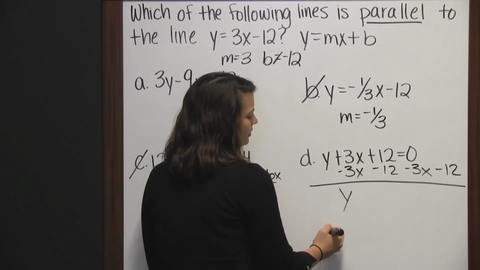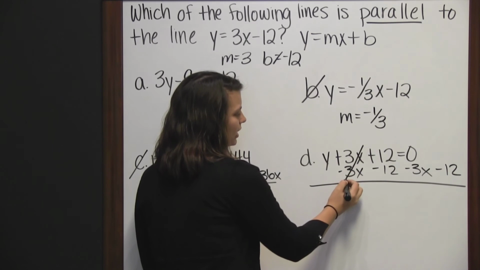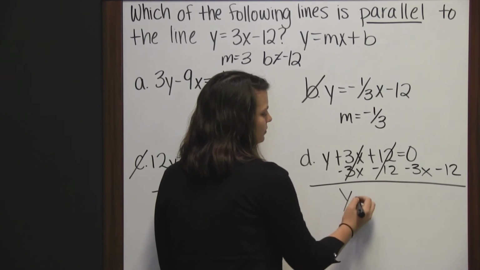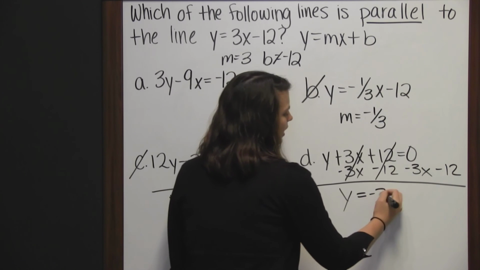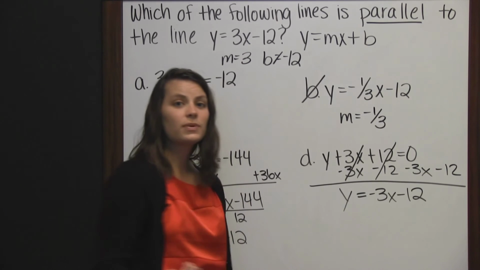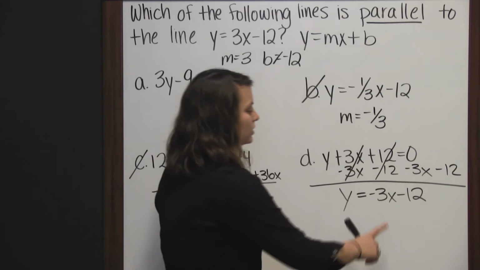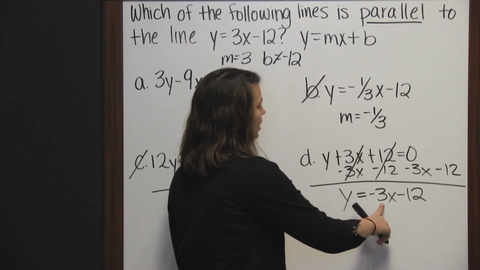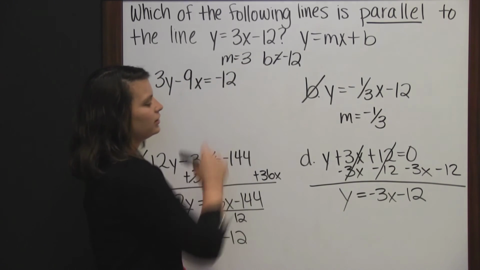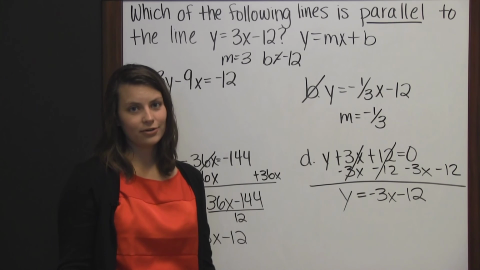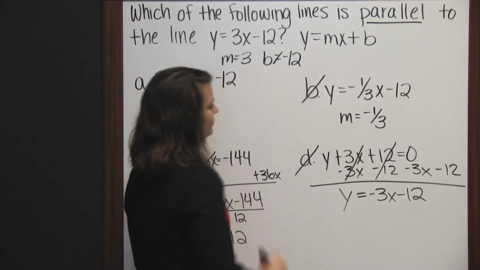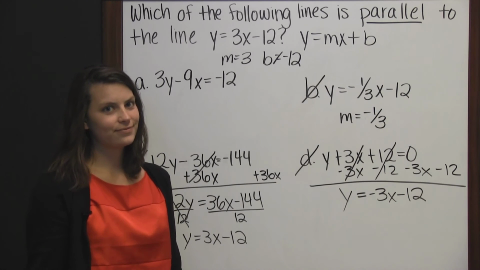So we have y, positive 3x, -3x cancels, positive 12, -12 cancels, equals -3x minus 12. So first we look at our slopes. The slope of this line is -3, which is not the same as the slope of our line, which means they're not parallel. So it doesn't even matter what our y-intercept is. We know D is not our answer.